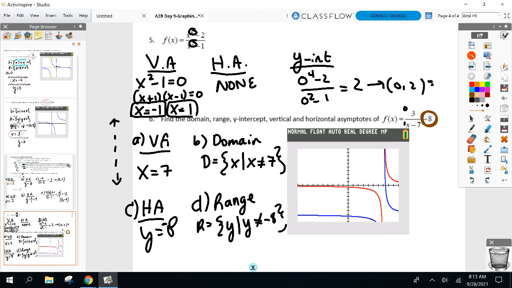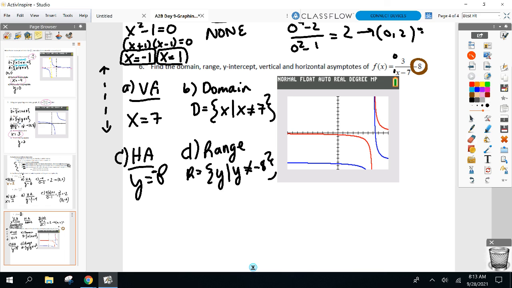And then the y-intercept, what are you still doing? Plug x equals 0 in. Done. It doesn't matter that I'm moving it down. You get a crazy fraction probably in your calculator.